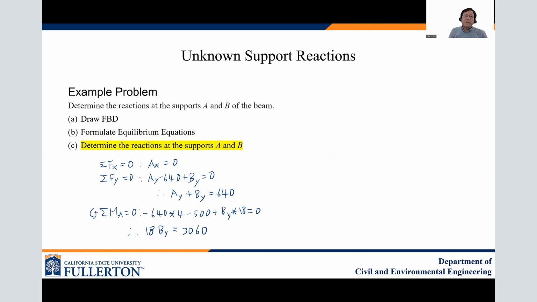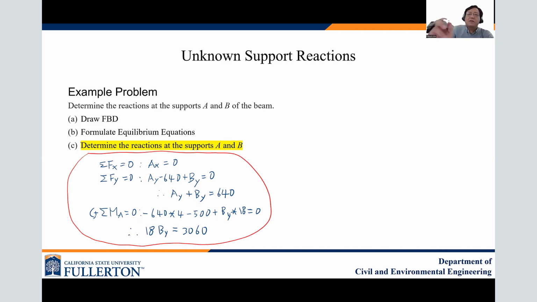Now, finally, determine the reactions at the support A and B using the equilibrium equations. So this one, we already have from the previous step, right? So A_x is very simple because that is 0, right?